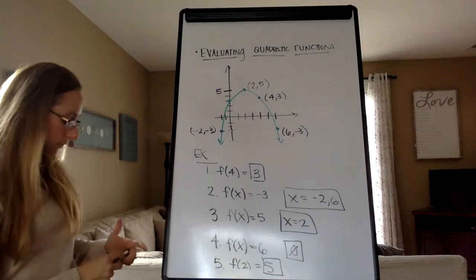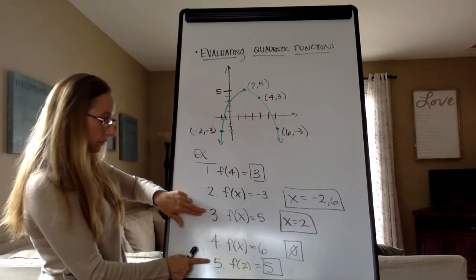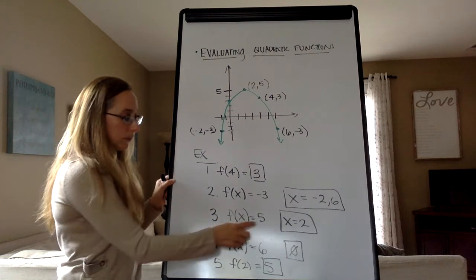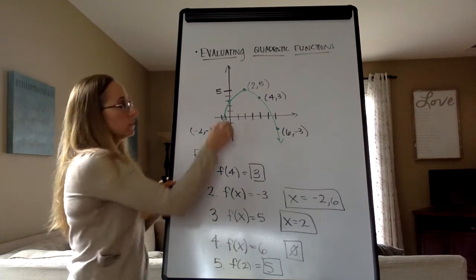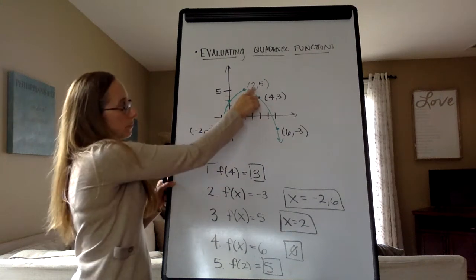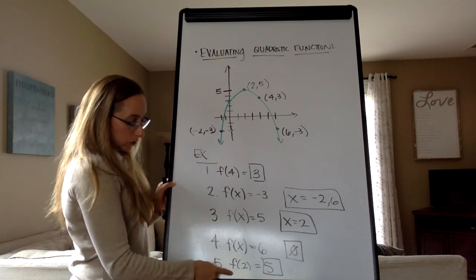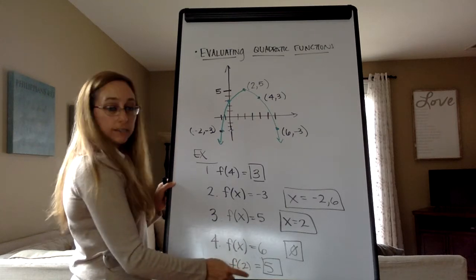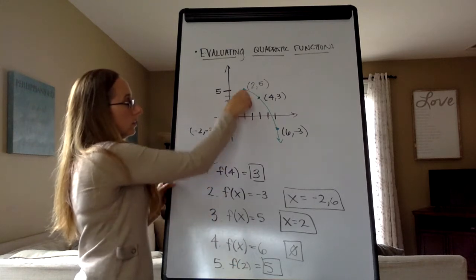So you can see the difference between number 3 and number 5. Because here, f of x equals 5. That's saying your y value is equal to 5. What is x? So y value is 5, x is at 2. Here, your function is evaluated at the value of 2. What is the y value when x is 2? So x is 2, y is 5.